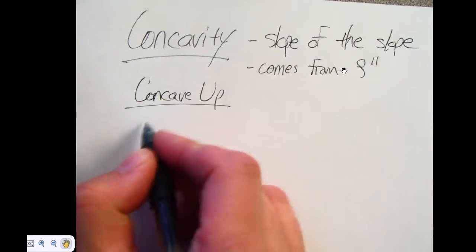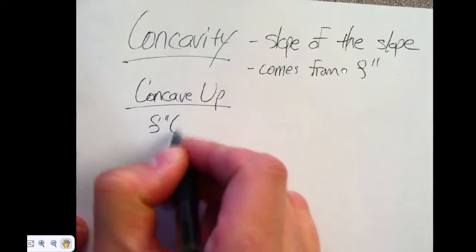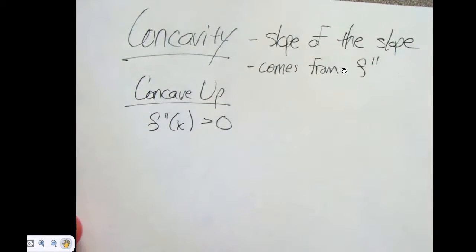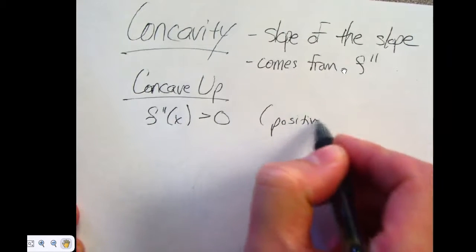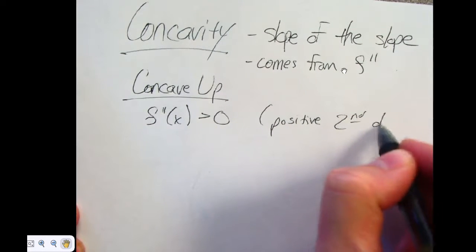Concave up means a couple things. f double prime of x is greater than 0. So I'm just saying a positive second derivative.